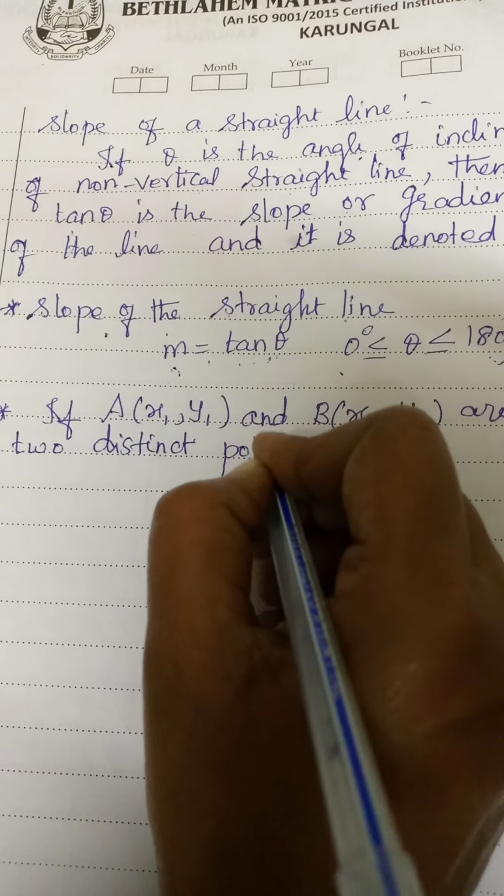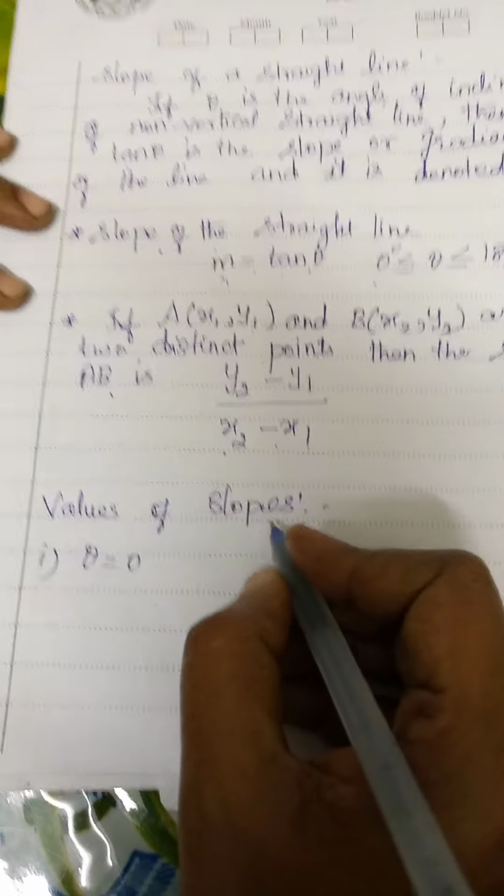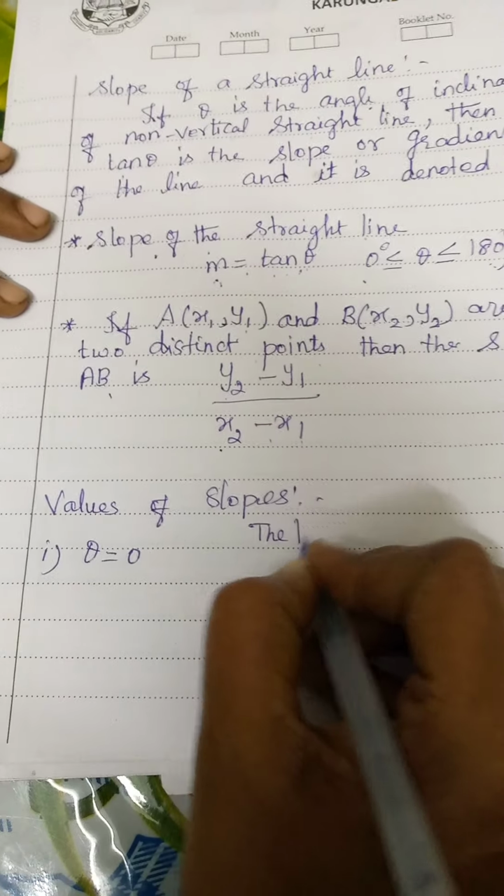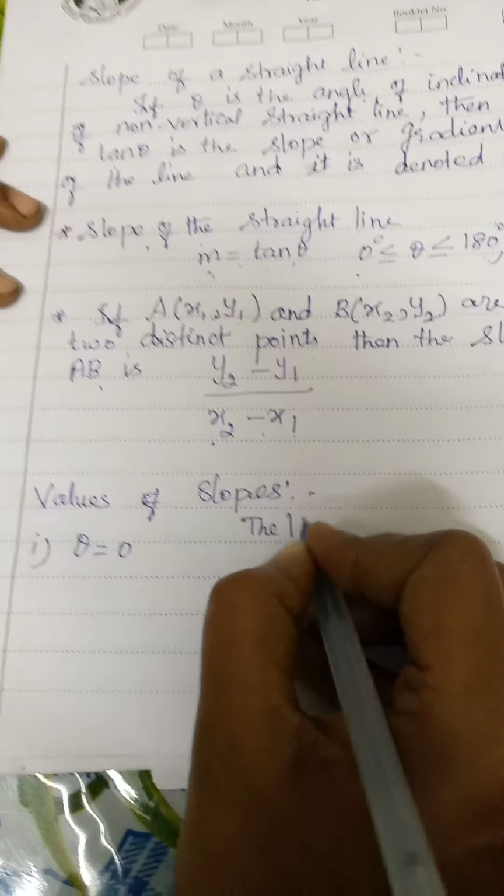Next we have the definition: values of slopes. First, when theta equal to 0 degree, what is the value now?